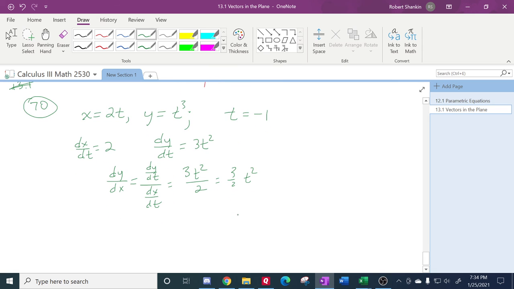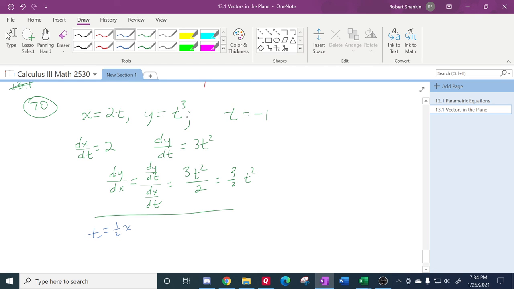The other way is we could do the Cartesian equation. Eliminate the parameter. So let's solve this first equation for t. t is 1/2 x.